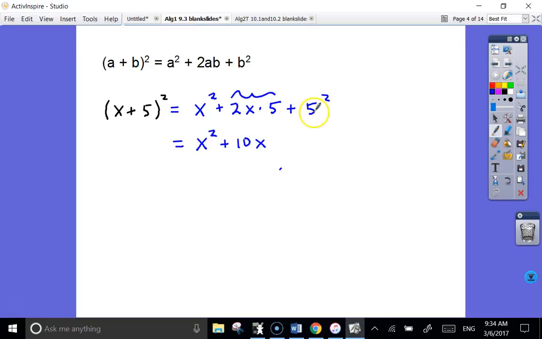And how about 5 squared? 25. So again, it's the first term squared plus the second term squared plus twice the inner product, 2 times X times 5. Okay? Without actually having to write it like a foil. You should go directly to that.